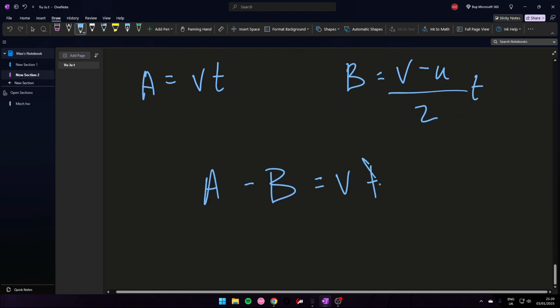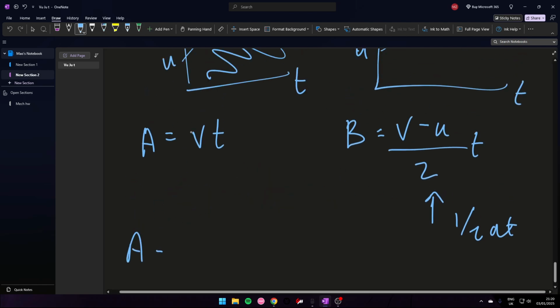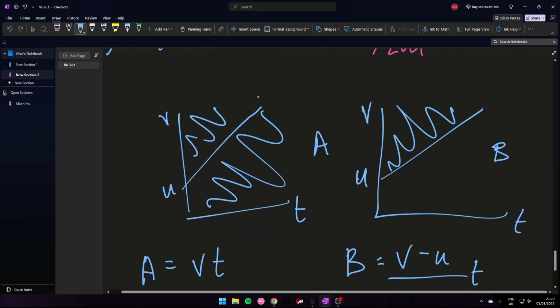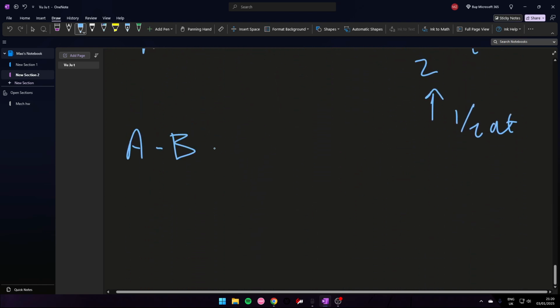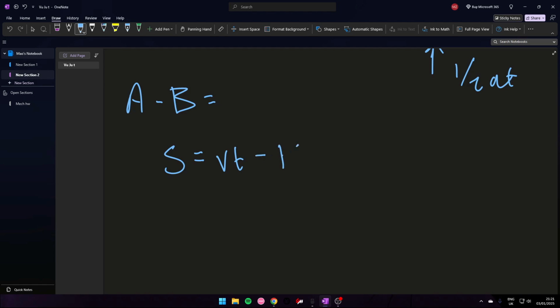As you remember before, this simplifies to half at squared, due to v take away u being equal to at. And so we're left with A take away B is equal to s, equaling vt take away half at squared.